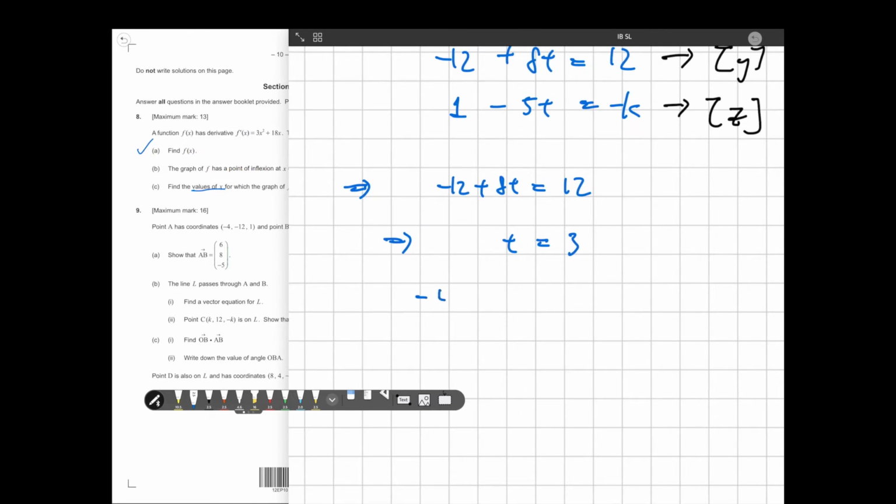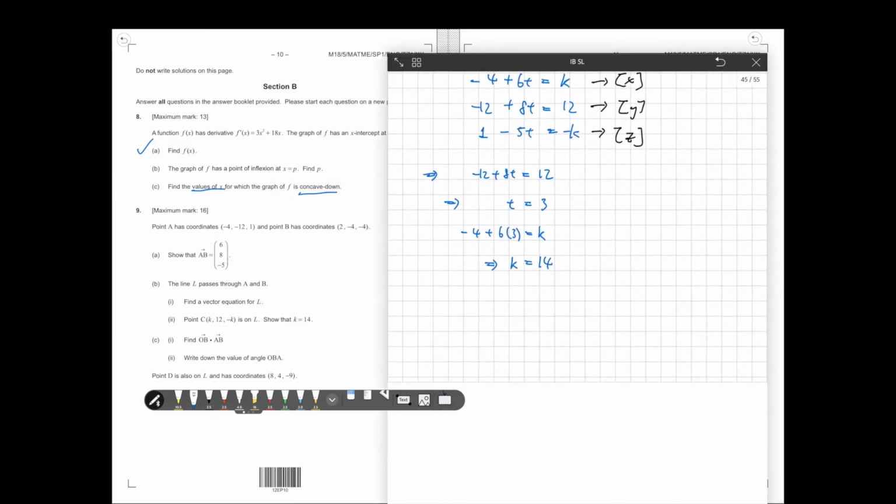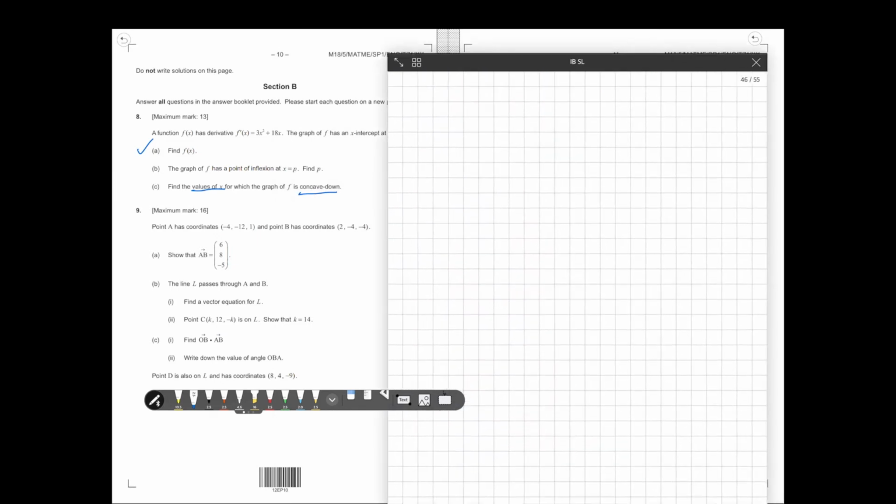Then we have -4 plus 6 times 3, just plugging in the value, so k will be equal to 14. So we have just solved part B2.